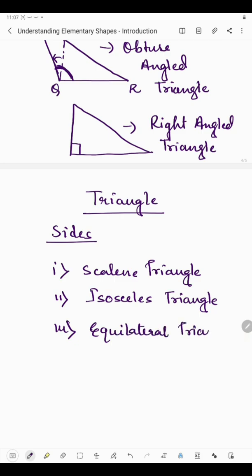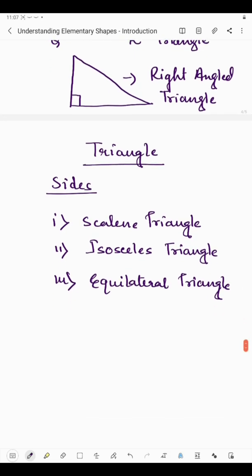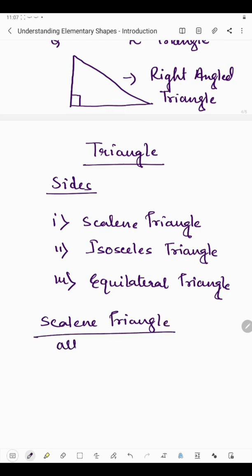Now a scalene triangle means a triangle in which all three sides have different lengths.